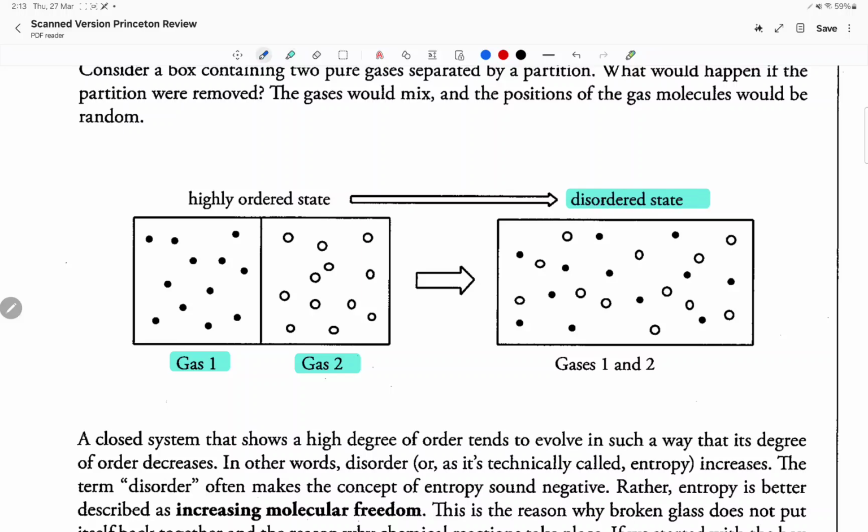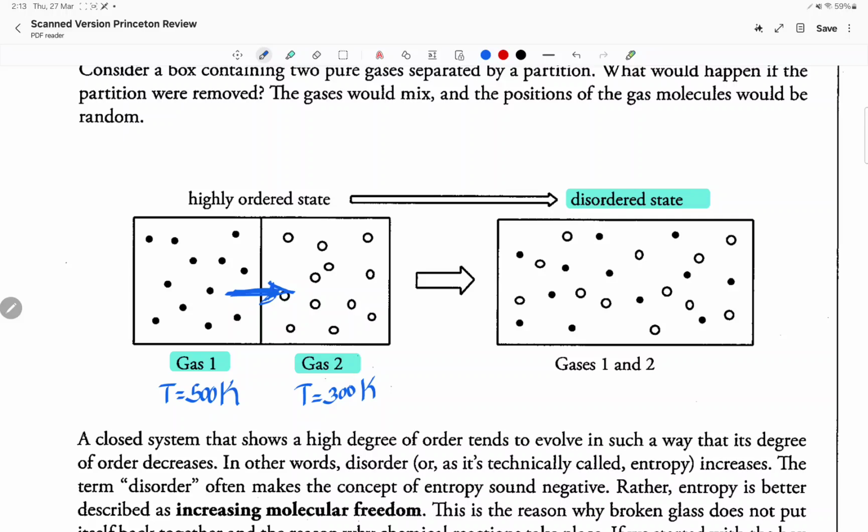If gas 1 has a temperature of 500 Kelvin, and gas 2 has a temperature of 300 Kelvin, which one is going to lose heat, and which one is going to gain heat? Gas 1 will lose, gas 2 will gain, and they will distribute until they reach what we call thermal equilibrium.